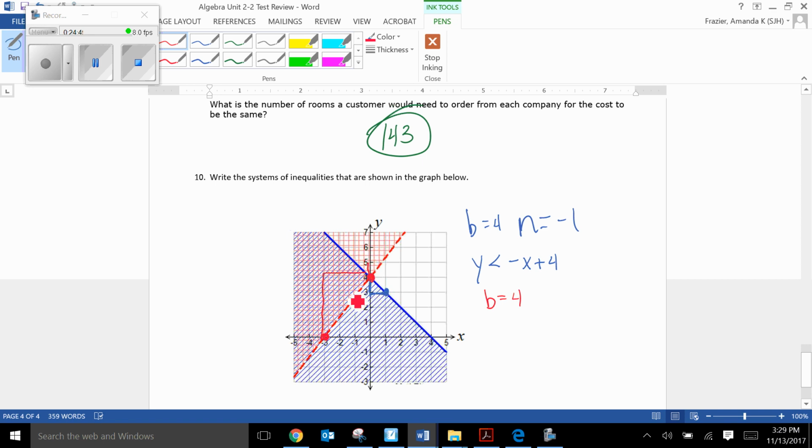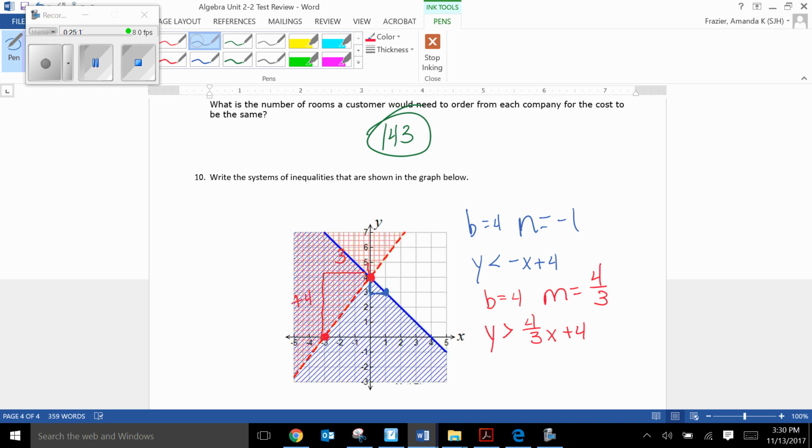So let's see, it's going up 4 and over 3. So 4/3. And this one is shaded above the line. Since it's above the line, I should have a greater than symbol. So my equation is y is greater than 4/3 x plus 4.